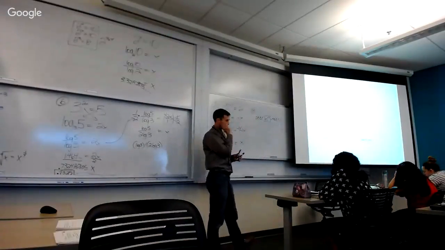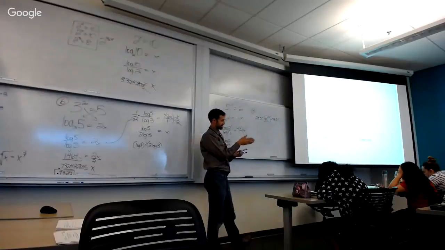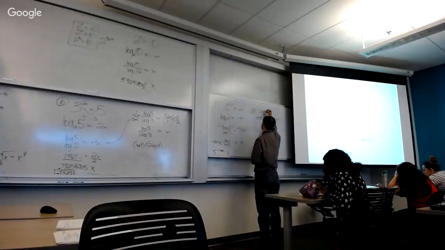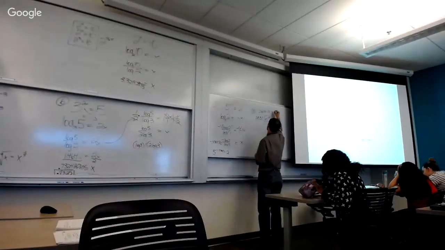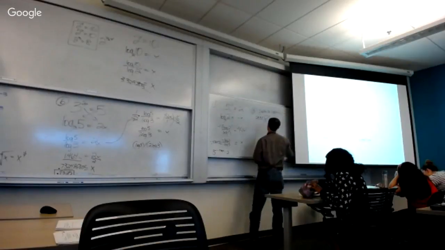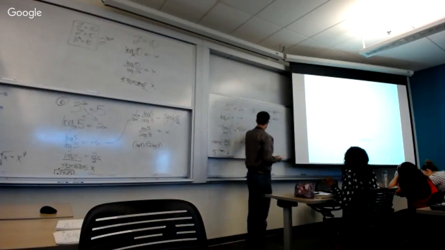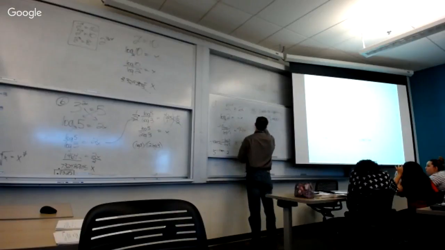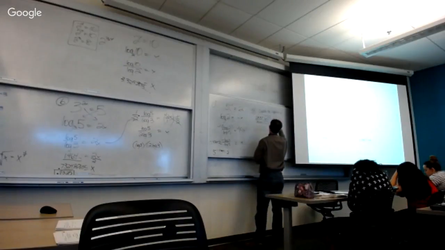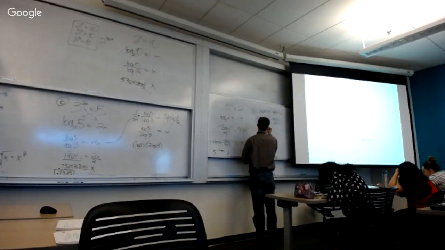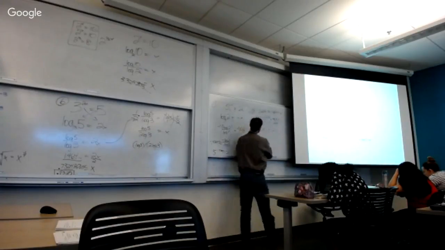It focuses my attention on what I want to isolate. So I just divide off the 2,000, and that gives us e to the 0.1x equals 2.